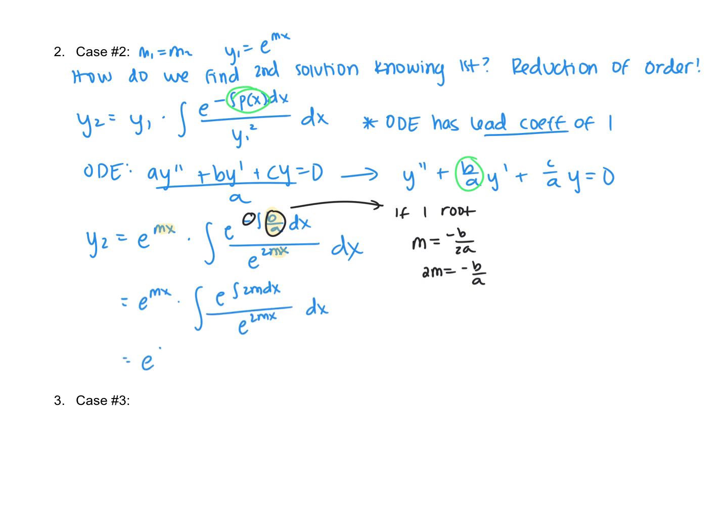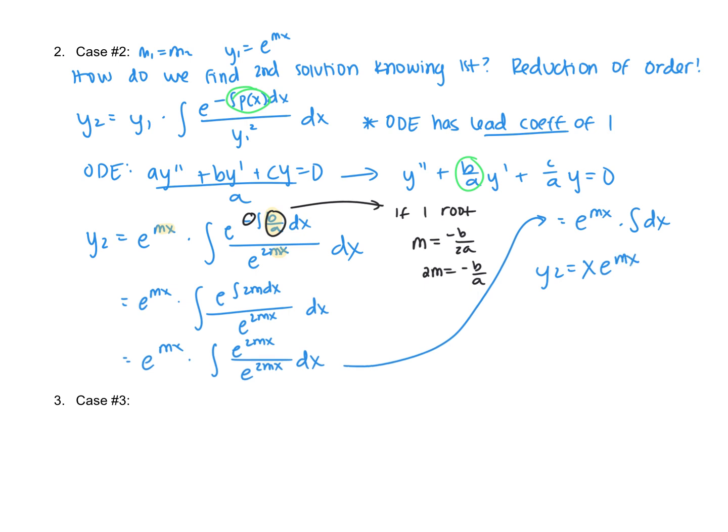Well, this is just e to the mx times the integral of e to the 2mx over e to the 2mx dx. I ran out of room, so I'm going to continue over here, which is e to the mx times the integral of dx. So our second solution then is x e to the mx. So we have our second solution here.